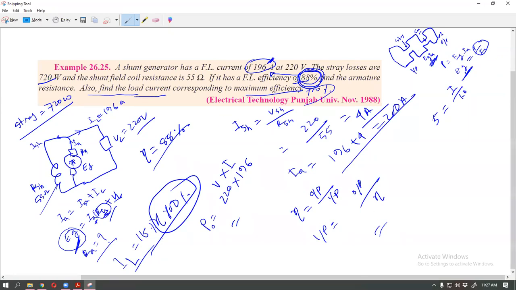Now the percentage, 88% means 0.88. If you multiply by 100, then it is 88%. But now we calculate the output value. Quick calculation: 196 into 220.